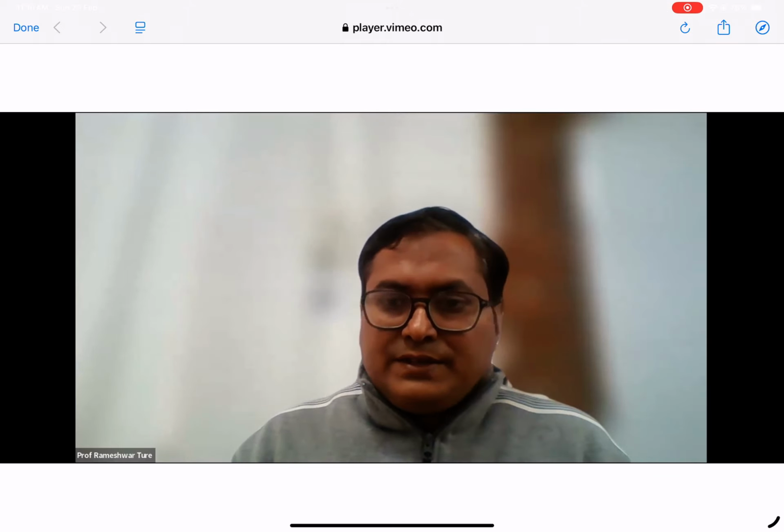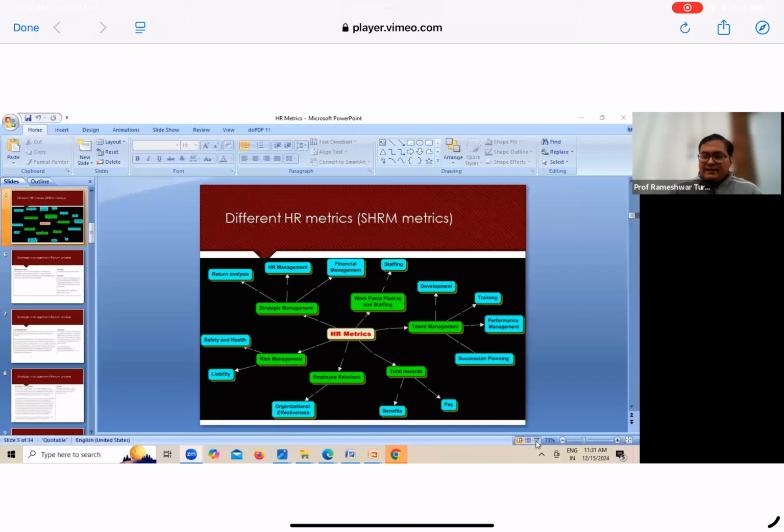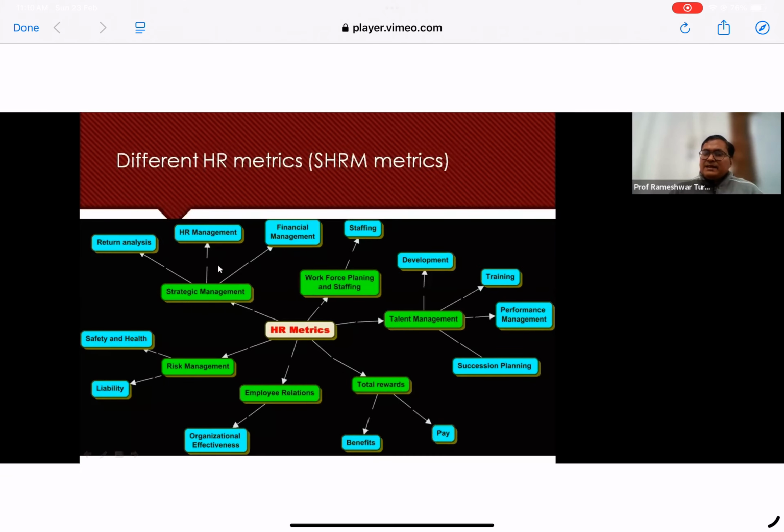SHRM defines it into 6 broad categories like this: strategic management related HR metrics, workforce planning and staffing related metrics, talent management related metrics, total reward related metrics, employee relation related metrics, risk management related HR metrics. And in each, they have given formulas.